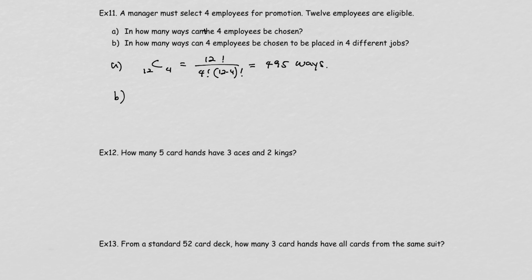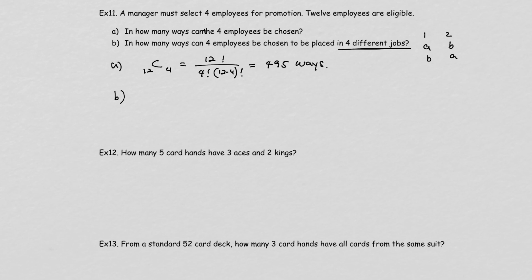The second one says, in how many ways can 4 employees be chosen to be placed in 4 different jobs? Because you have 4 different jobs, this time order is going to matter, right? Because if person A is placed in job 1, that will be different than if B is placed in job 1 and A in job 2, right?